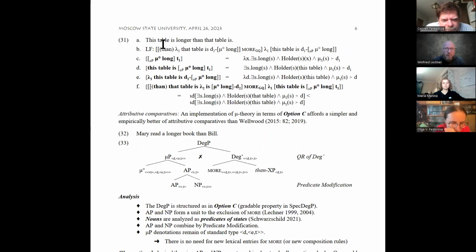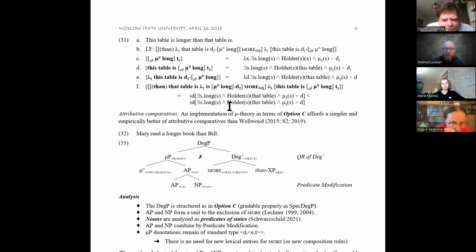So for "this table is longer than that table is," you basically do the following thing. You say that the degree that is part of a conjunctive clause that needs to be satisfied by that table is below the degree that needs to be satisfied by conjunctive clauses of this table.